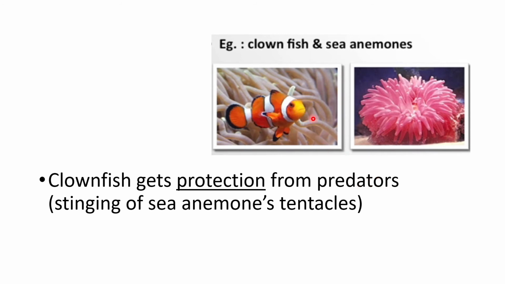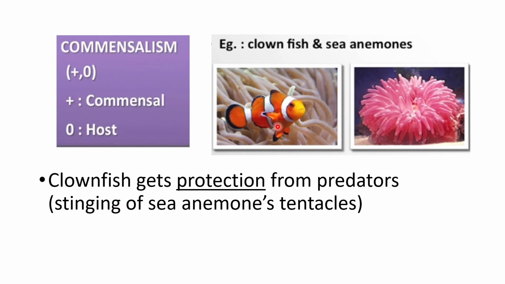So dia berlindung dekat-dekat dengan these sea anemones, and therefore all those predators are unable to harm this clownfish. Okay, manakala dia punya host itu, the host is the sea anemones itself, doesn't get any benefit ataupun tidak rugi juga. So we put it as kosong.